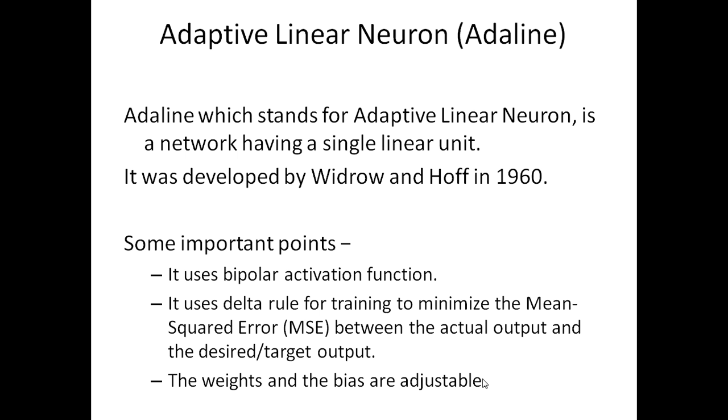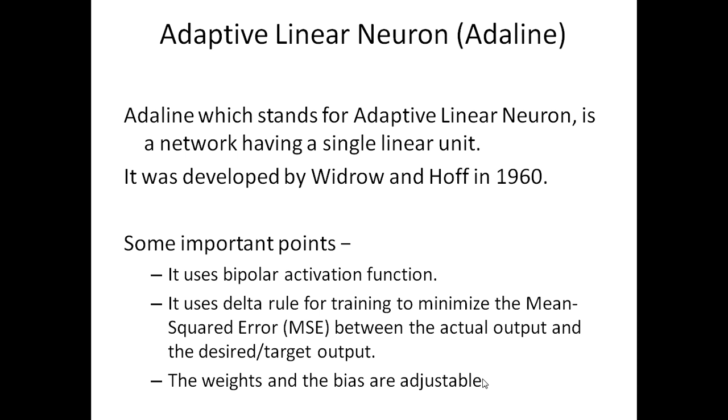If the difference between them, or the error that we calculate, is minimum or within the tolerance, then we say the network is working properly. Otherwise, we have to train it more until we get the minimized error. So it uses the mean squared error for that.